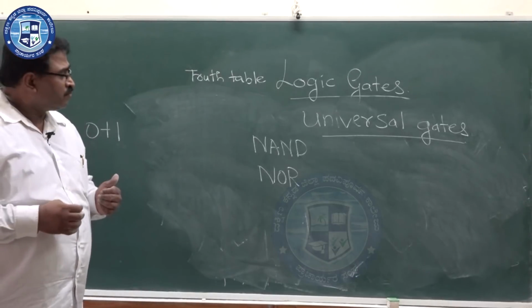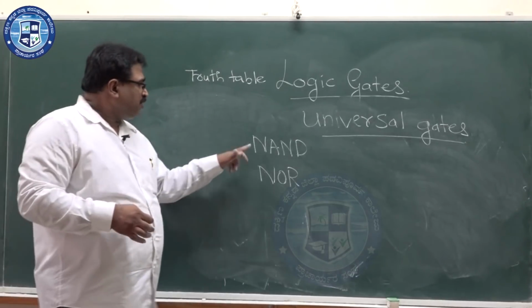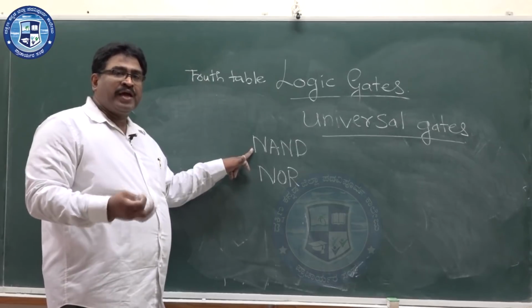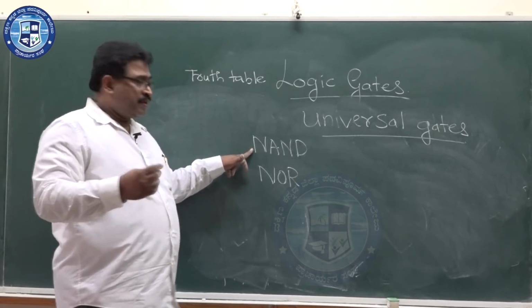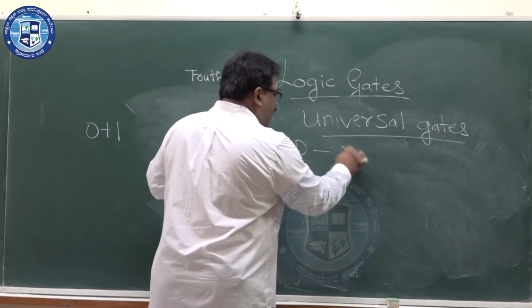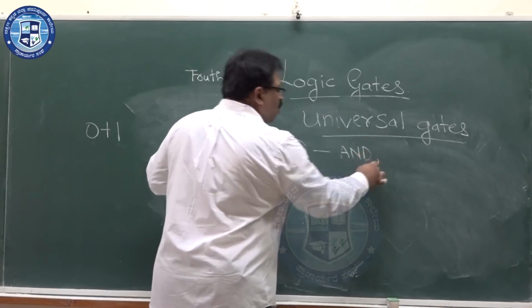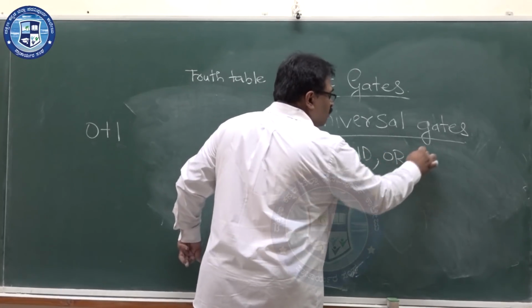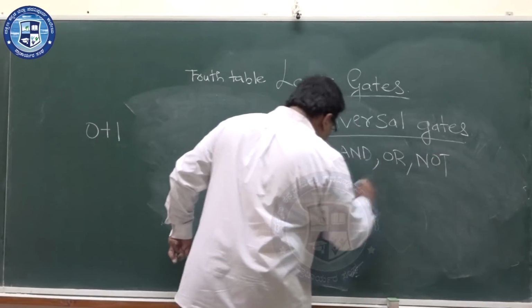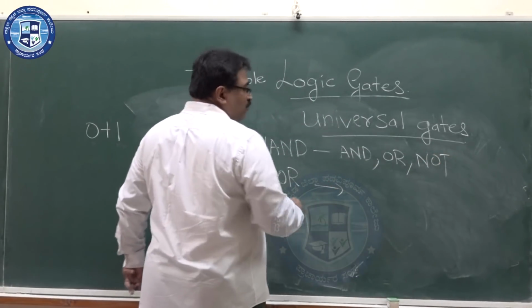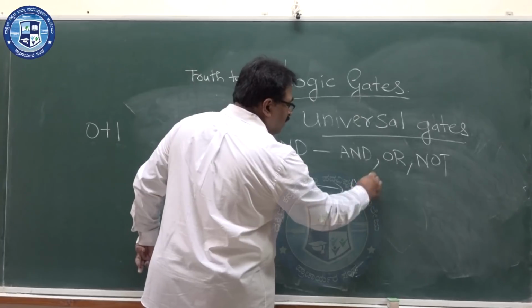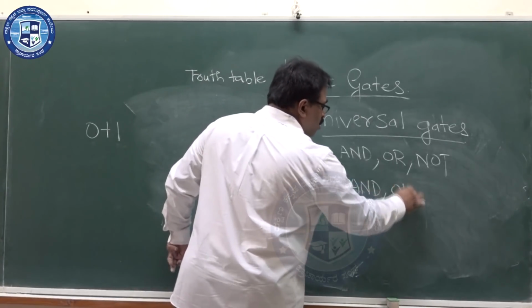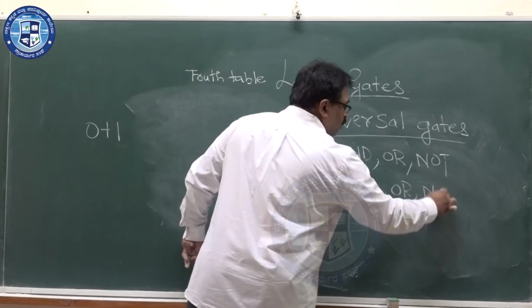What is the reason? The reason is I can make use of a NAND to work like AND, OR or NOT. Similarly, I can make use of NOR to work like AND, OR or NOT.